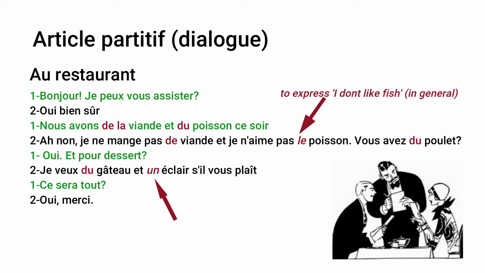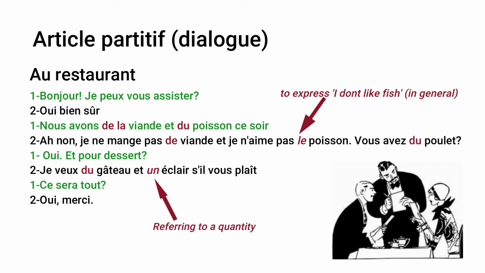Now here I'm not saying d'éclair. I'm saying un éclair. That's because it's countable. Something where you can count. So when you can mention the number, we don't have to use partitif in these cases. So I can say je veux 2 éclairs, 3 éclairs. But if I want a part of something, then I will need to use partitif.